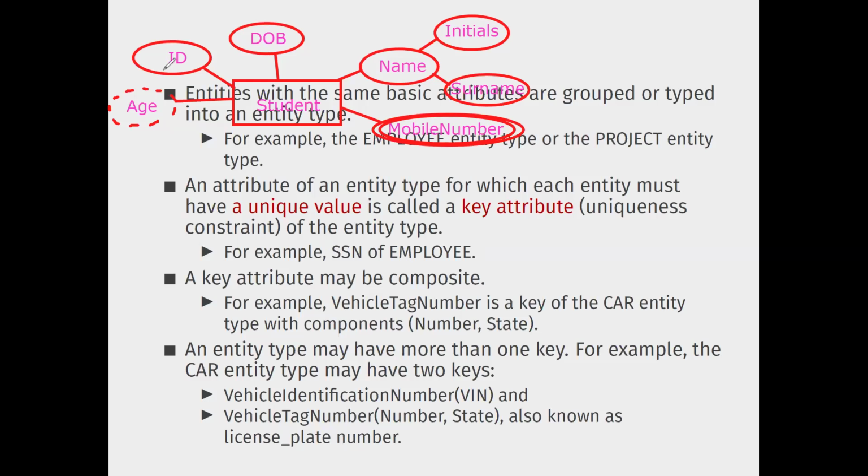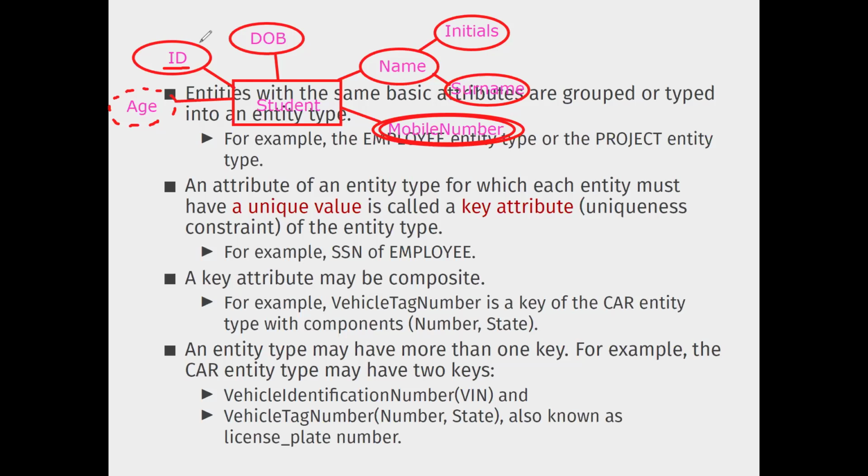We can use an underline to indicate that this value will be unique. But remember, there could be more than one key. For example, think about a person's national ID card number, driving license number, passport number.